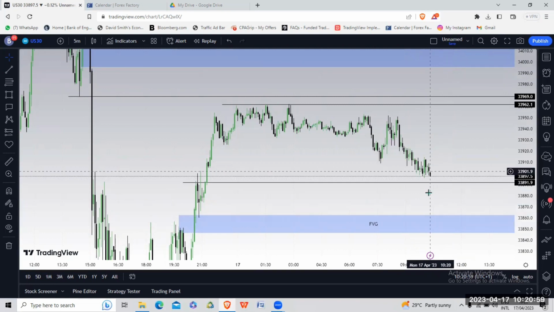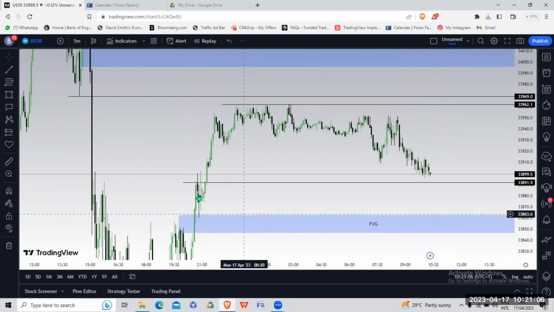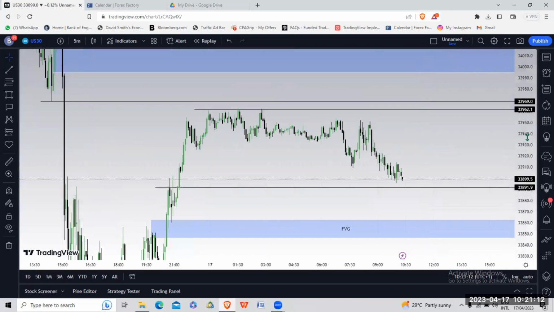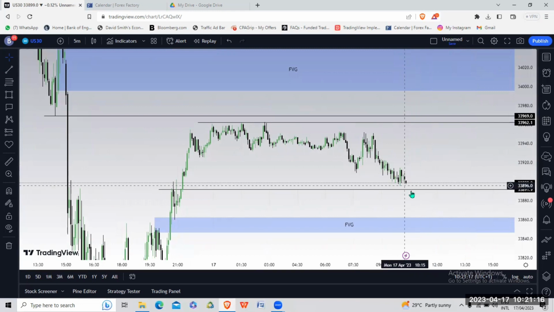All right, so because this is very weak, there's high tendency that price will respect this order block here and begin to go up. There's high tendency there, and if it provides a trading opportunity, it's one that is worth trading. Remember what you're looking for when you want to trade this.